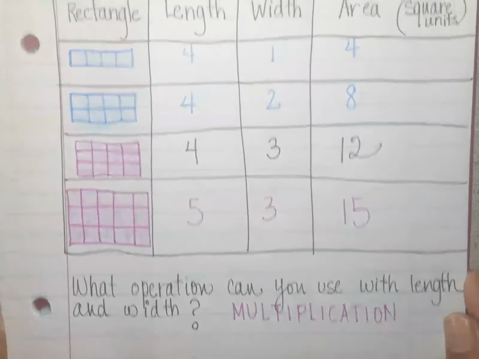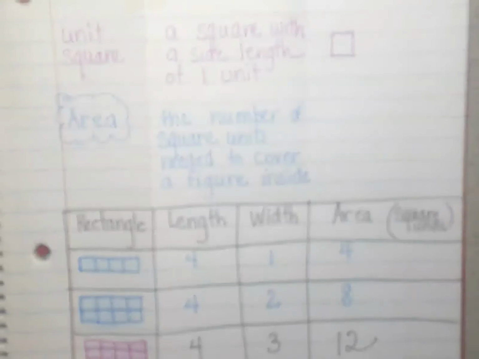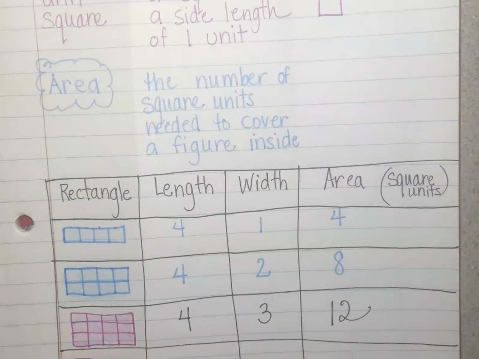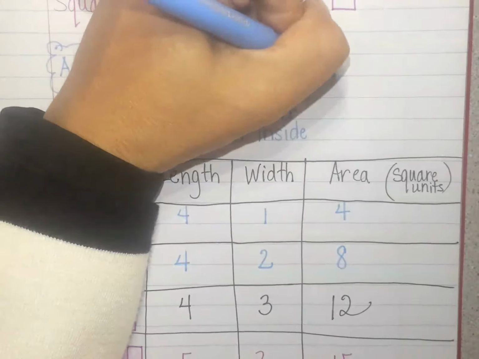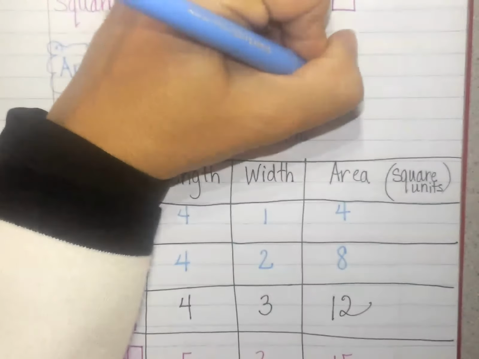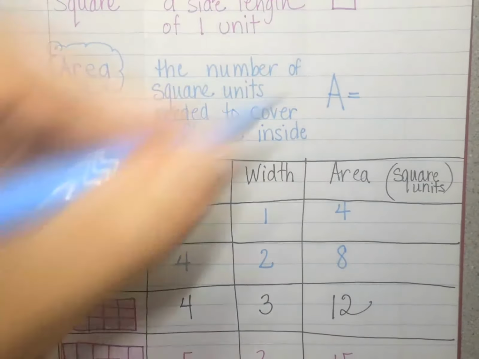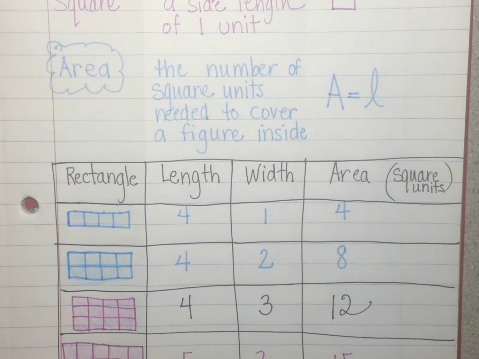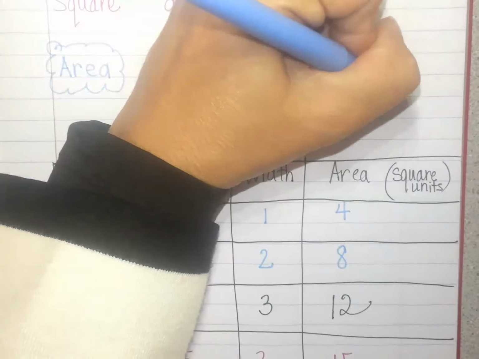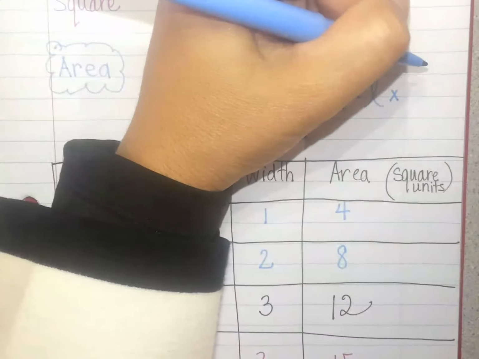And that brings us to a formula. And the formula is area equals length. Remember that weird L from perimeter? Times width.